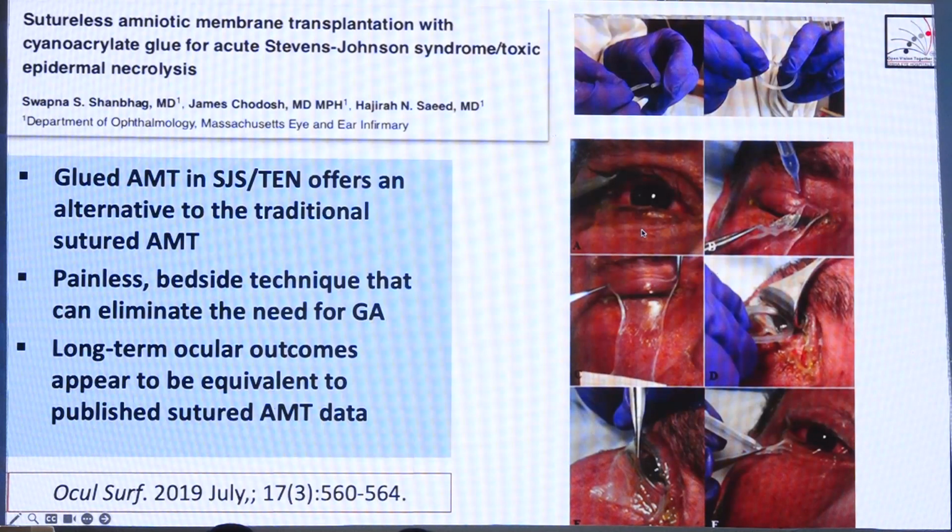And this glued AMT is quite good and offers an alternative to the traditional sutured AMT, and it is a painless bedside technique that can eliminate the need for general anesthesia. And the long-term ocular outcome appears to be equivalent to published sutured AMT data.